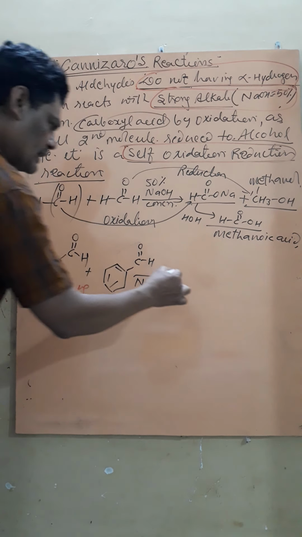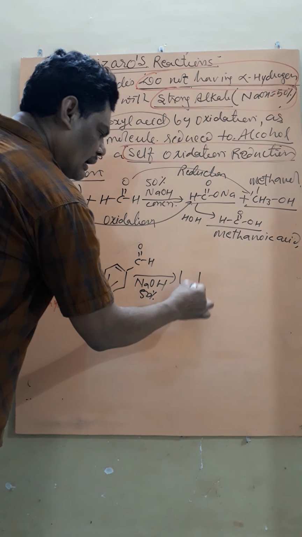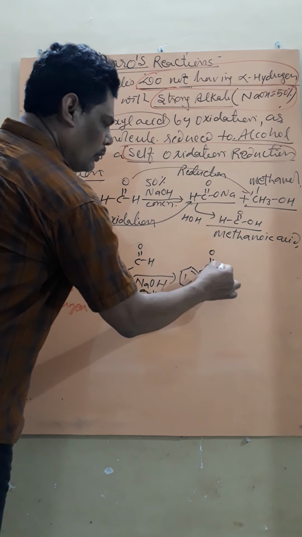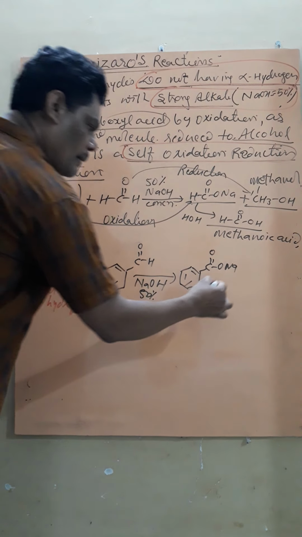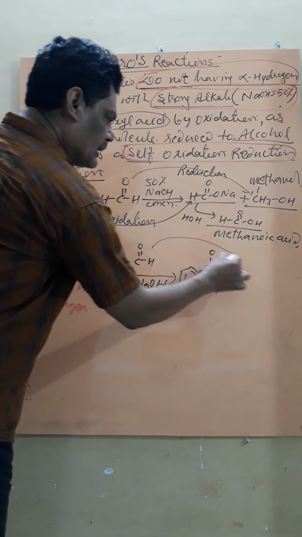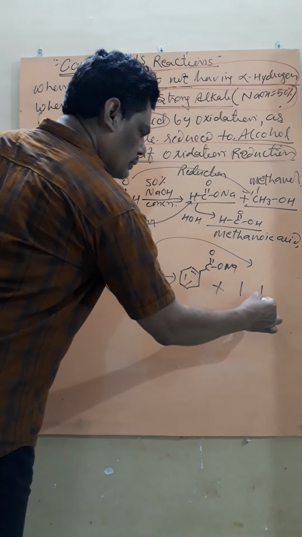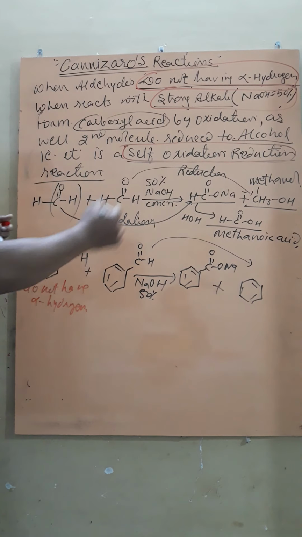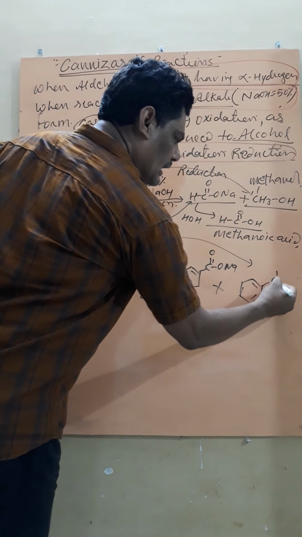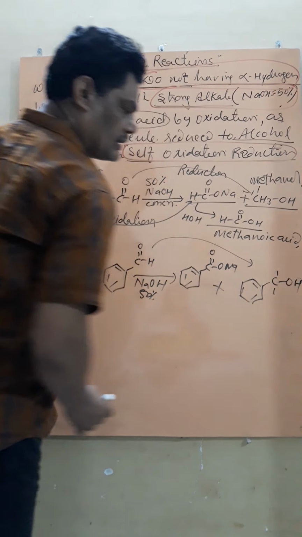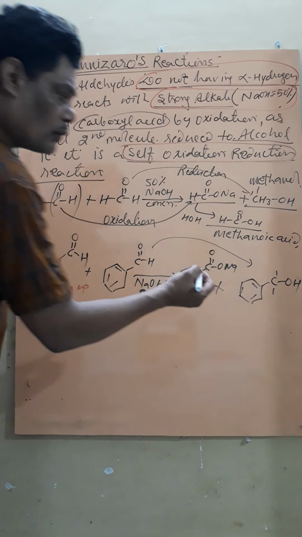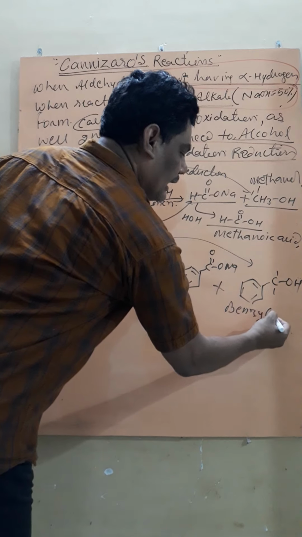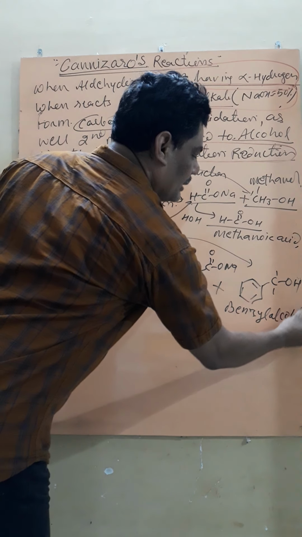When this molecule is oxidized and then hydrolyzed, you can write C double bond O ONa, plus this molecule is getting reduced, and the reduction gives the benzene ring with CH2OH, benzyl alcohol.